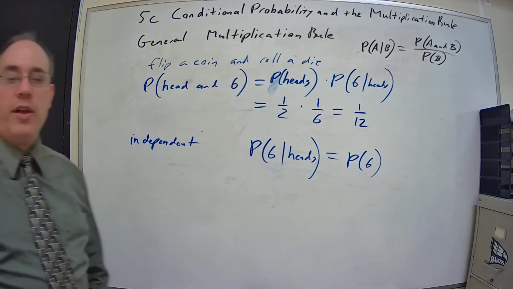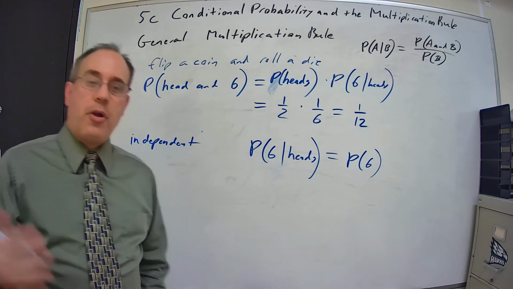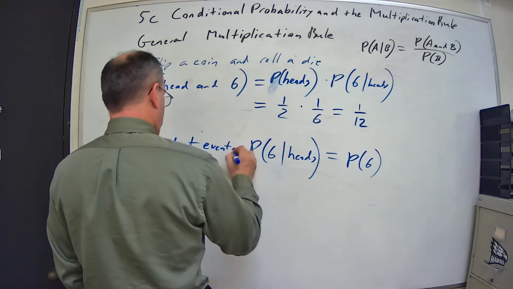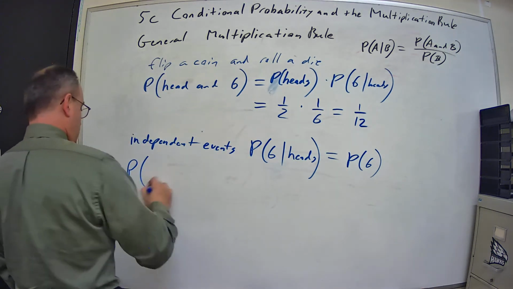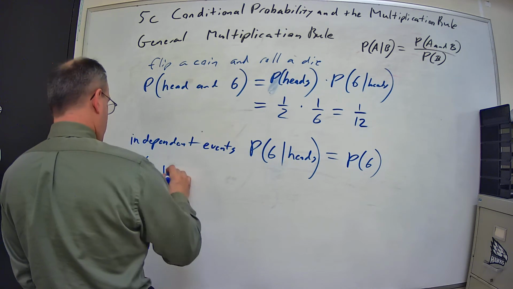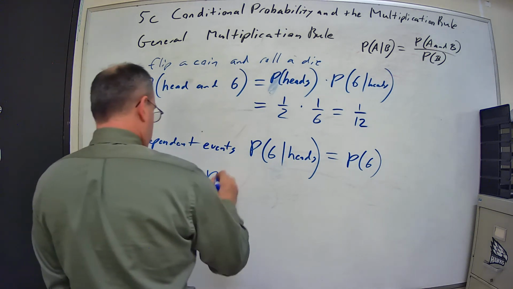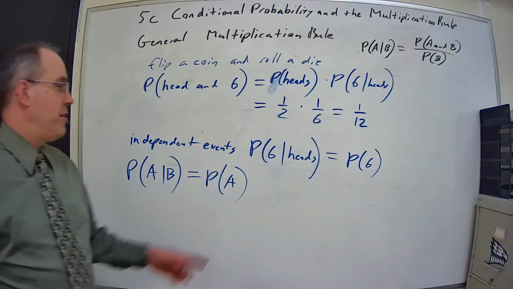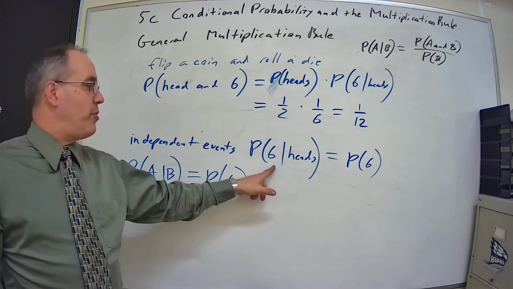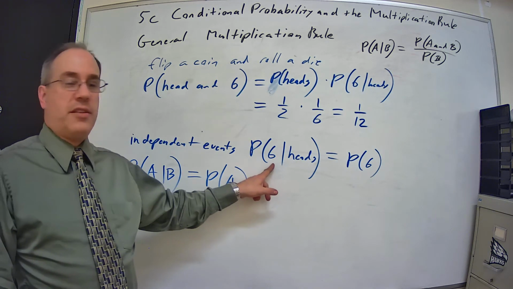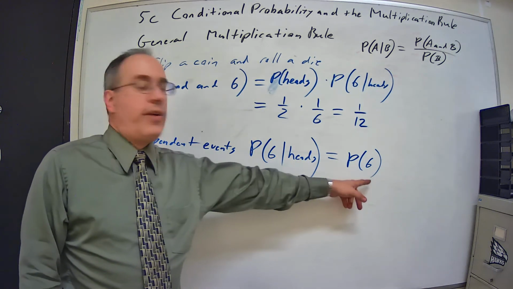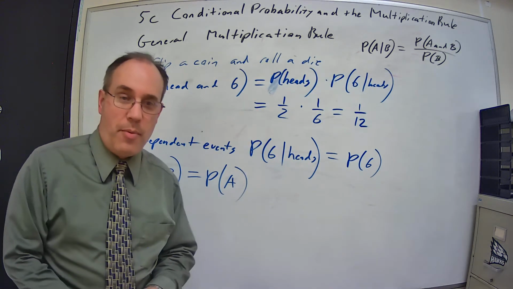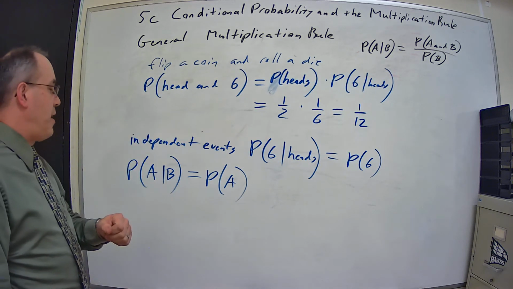The one does not depend on the other. So the probability does not change. If you have independent events, then the probability that event A occurs given that B has occurred is equal to the probability that event A occurs. So we have independent events because the probability of rolling a 6 is the same whether I got heads or whether I don't know if I've got heads. So that additional knowledge doesn't change the probability. Those are called independent events.